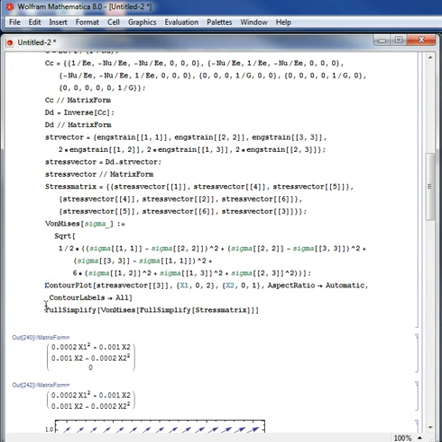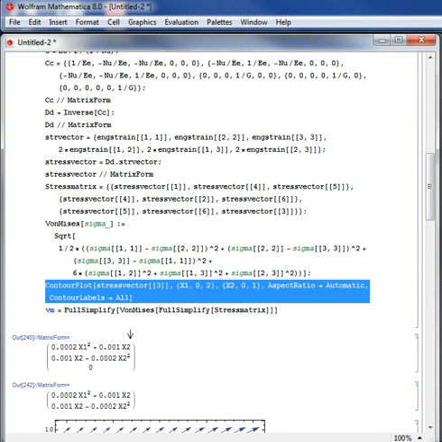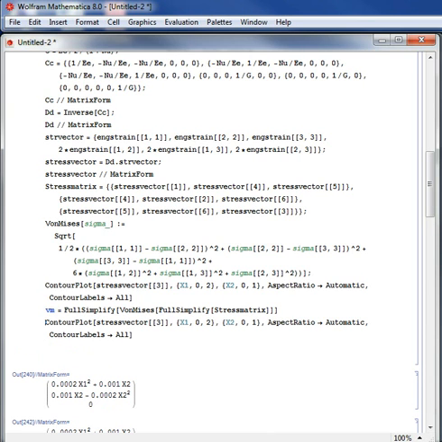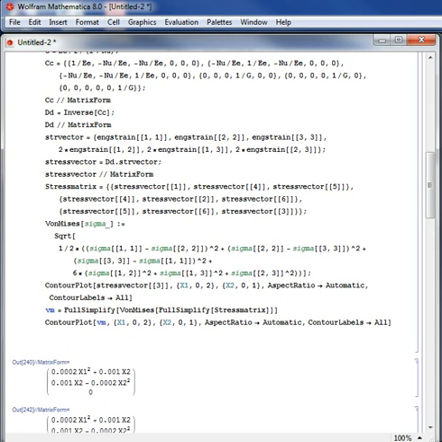So I'm going to store this in a value called VM, and I'm going to draw the contour plot of this VM on the plate. Shift enter.